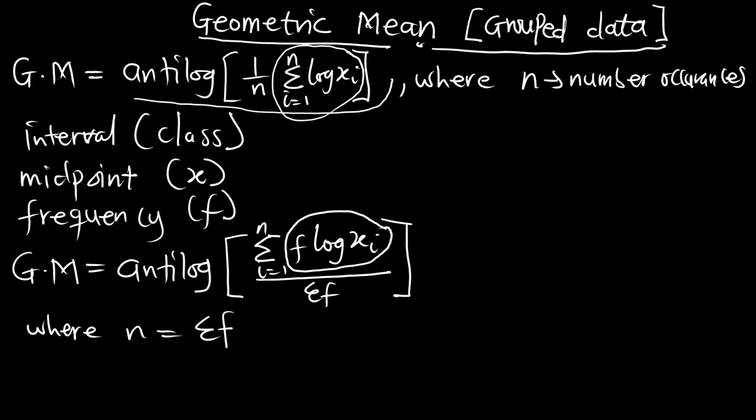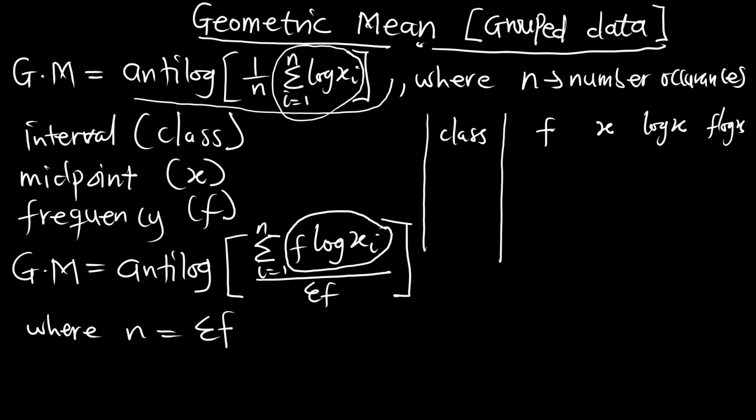So let's assume for a table we have the class, where we have our frequency and our midpoint x. We're also going to have log x and our final f log x. So this is what the table is going to look like.